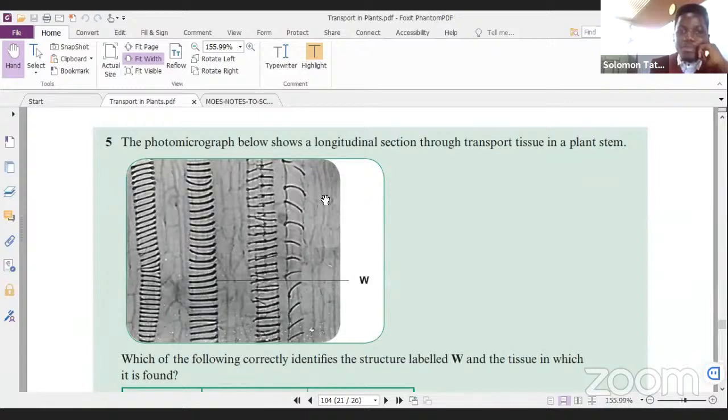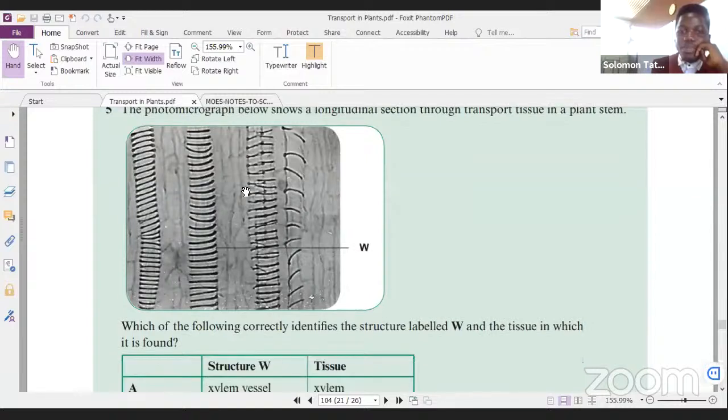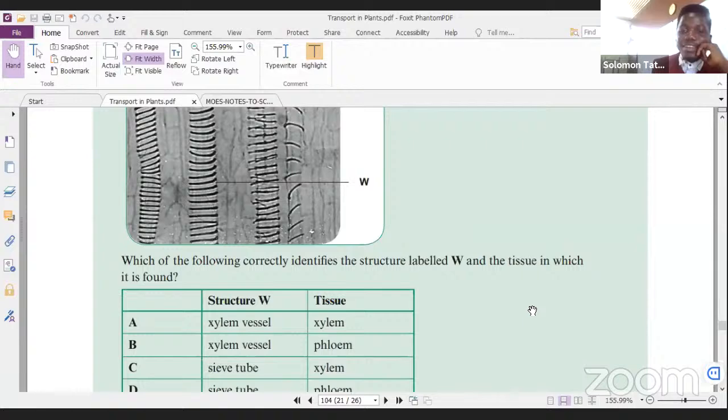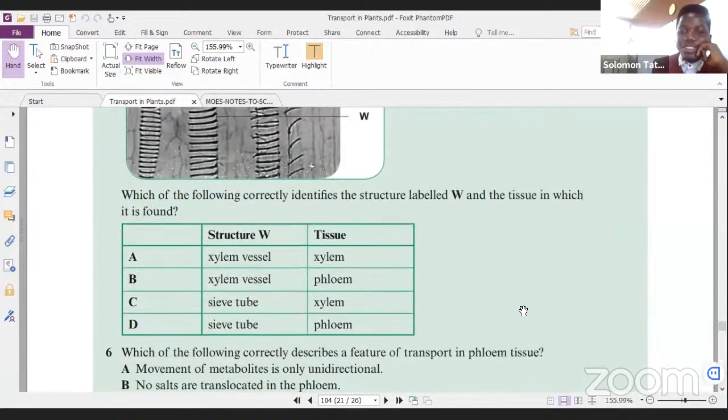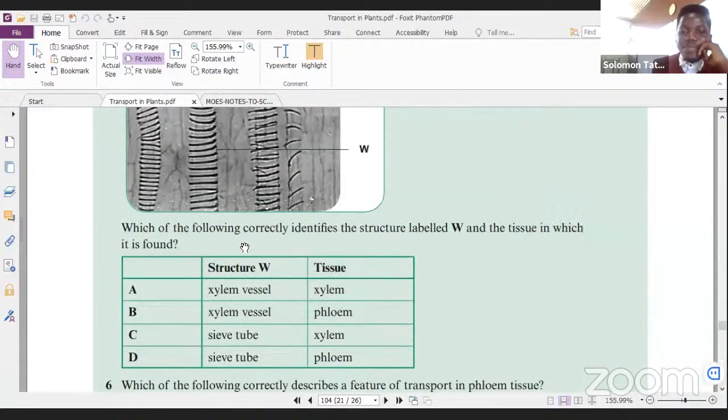Lastly, we have a picture here. It says the photograph below shows a longitudinal section through a tissue of the plant stem. Which of the following correctly identifies the structure labeled W and the tissue in which it is found? We looked at some of these, the types of lignification, so I've given you a hint already.